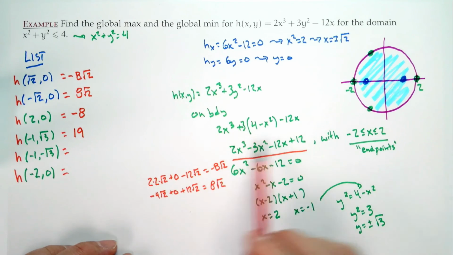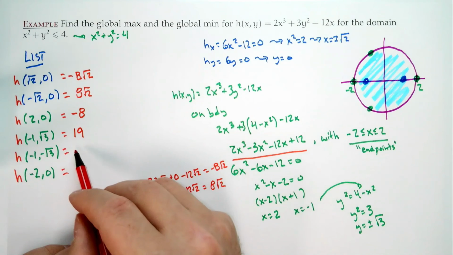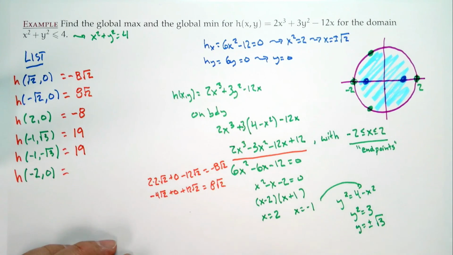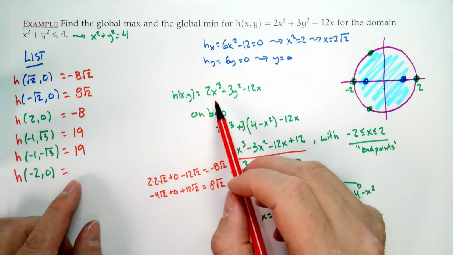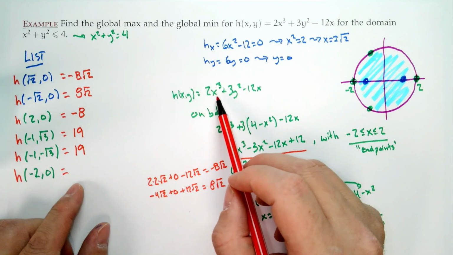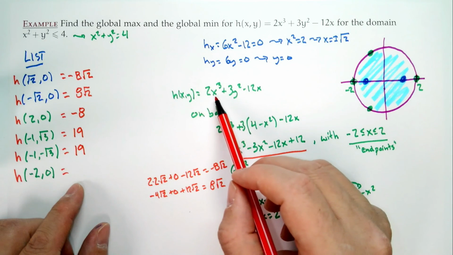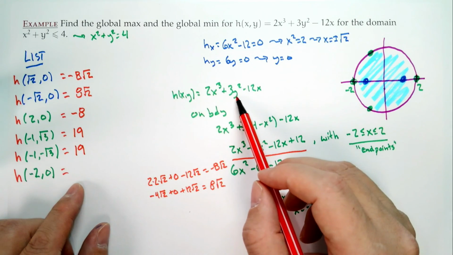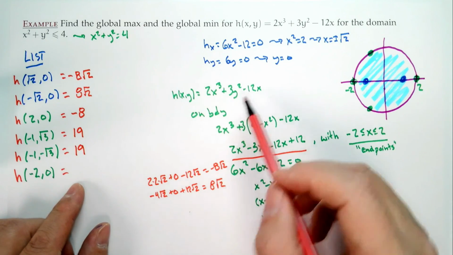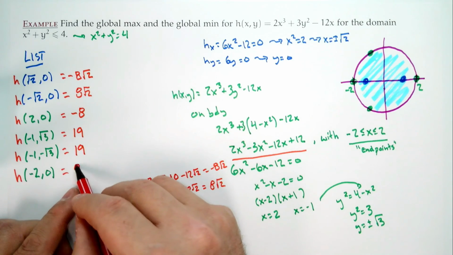And (-1, -√3), well look, it only depends on x, so it's again 19. How about (-2, 0)? Well, probably it's easiest to plug into the original. Negative 2 cubed, that would be negative 8 times 2 is negative 16, then plus 0, and plus 24. That would give you 8.